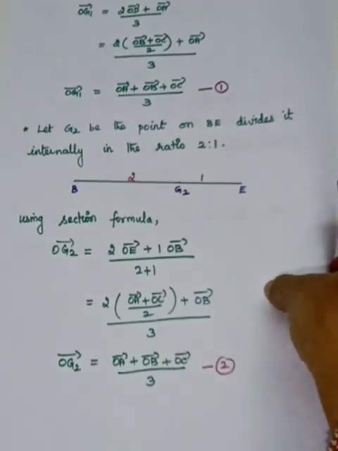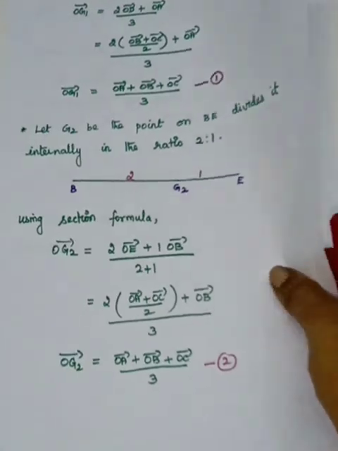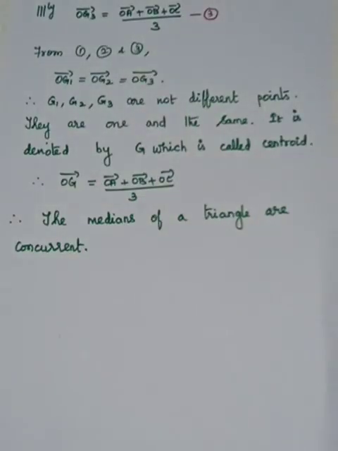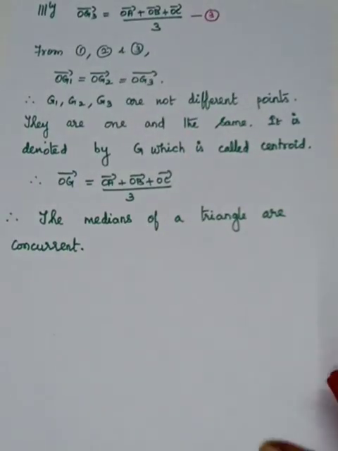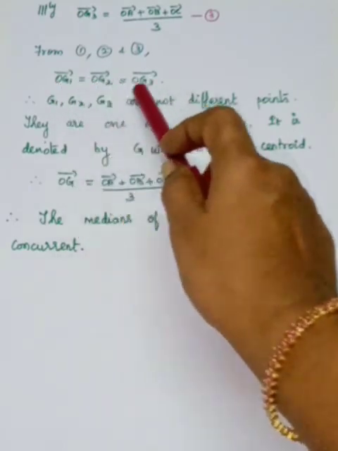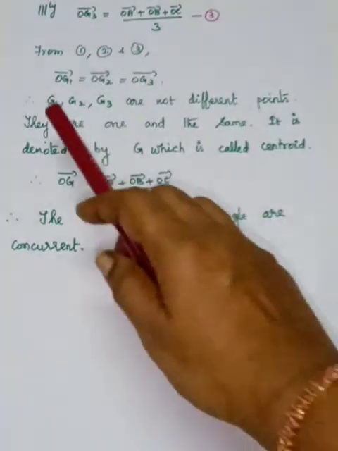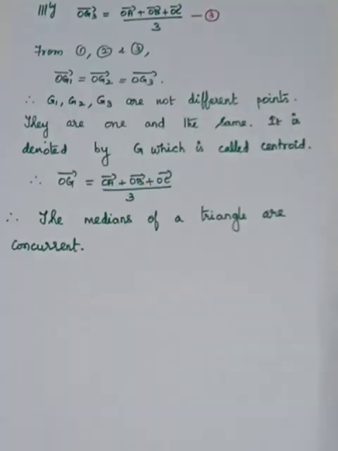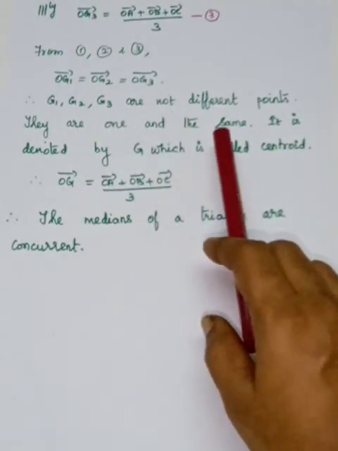Similarly, we'll consider the third median. Similarly, we'll get the OG3 vector equal to OA vector plus OB vector plus OC vector by 3. From the three results, they are equal. The position vectors of the points are equal. That means G1, G2, G3 are not different points. They are one and the same.